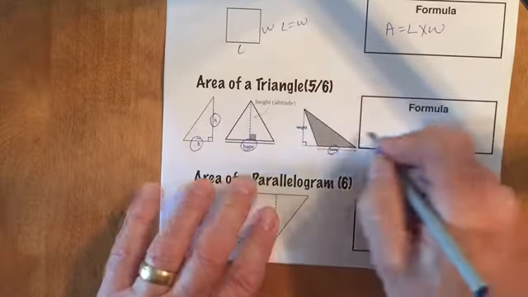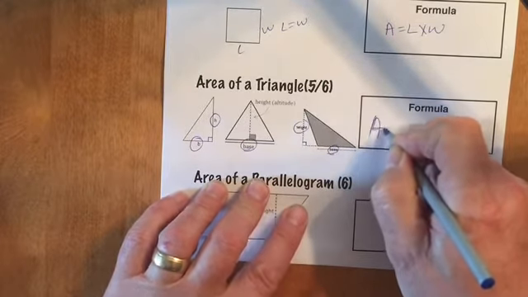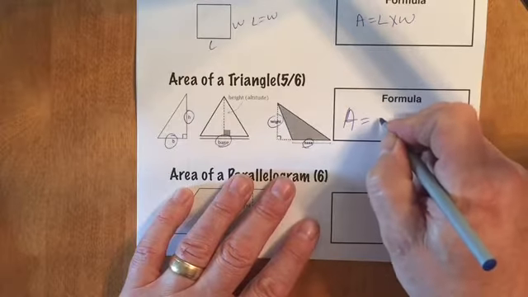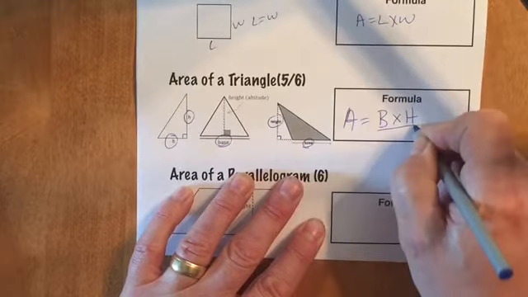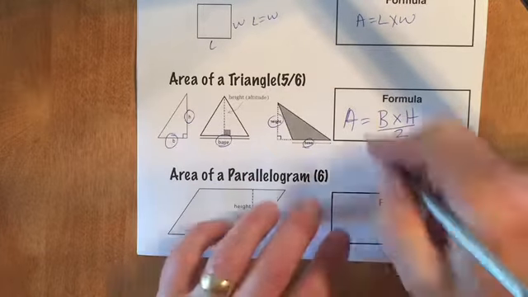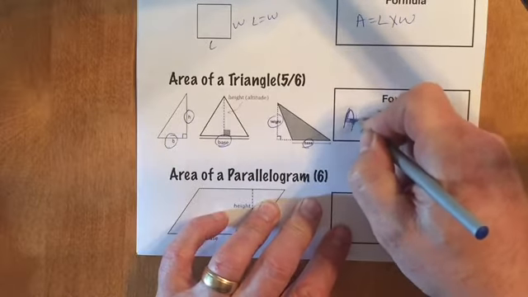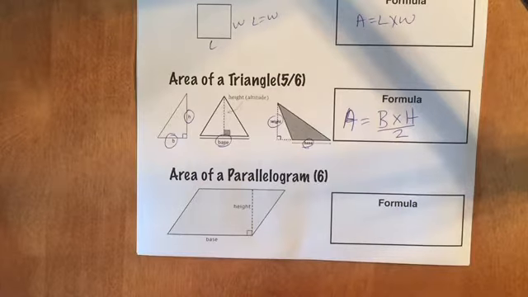So the area equals the base times the height, and that's all divided by 2. Or you can multiply it by half, either way. So in triangles, a little funky. You have to find the base and the height, and then you divide that by 2.